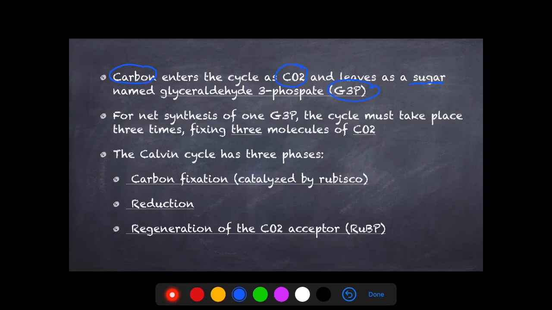When you're trying to make one G3P, you have to go through the cycle 3 times, and it uses 1 carbon dioxide per turn. So to make 1 G3P, you need 3 turns of the Calvin cycle, using 1 carbon dioxide for every turn. Now, the Calvin cycle has 3 phases: a carbon fixation phase, a reduction phase, and a regeneration phase.